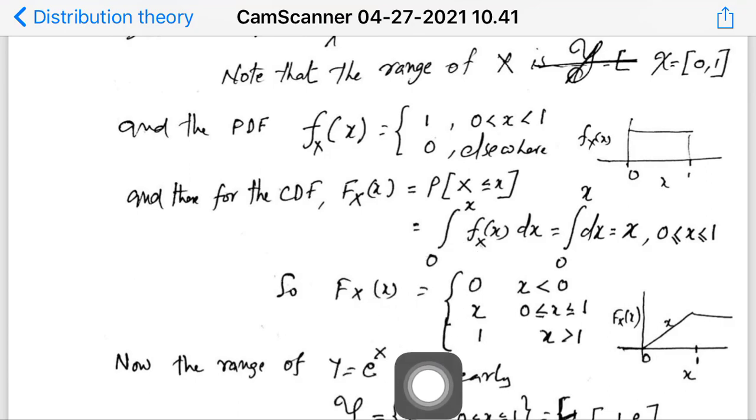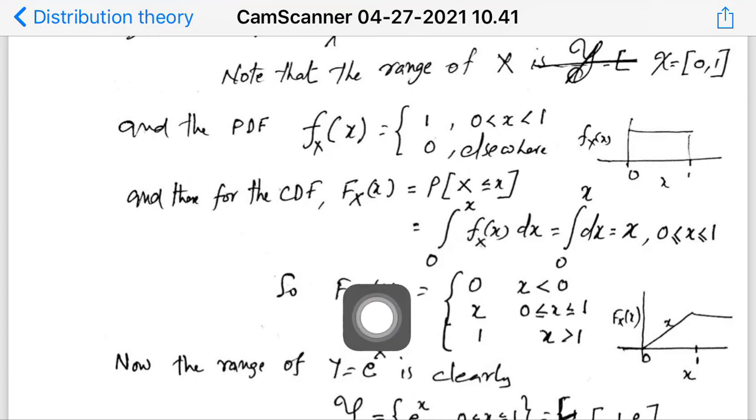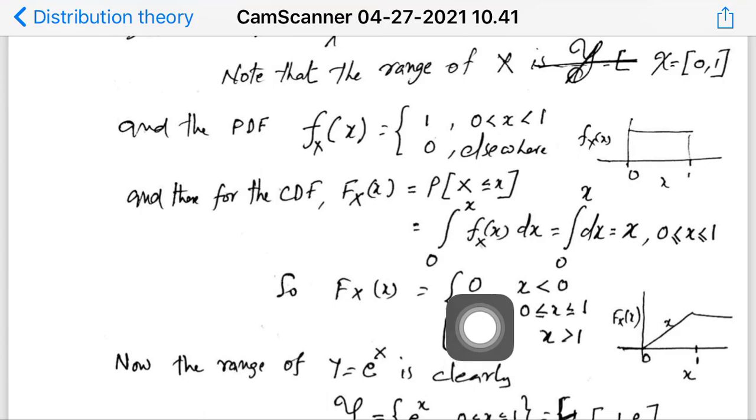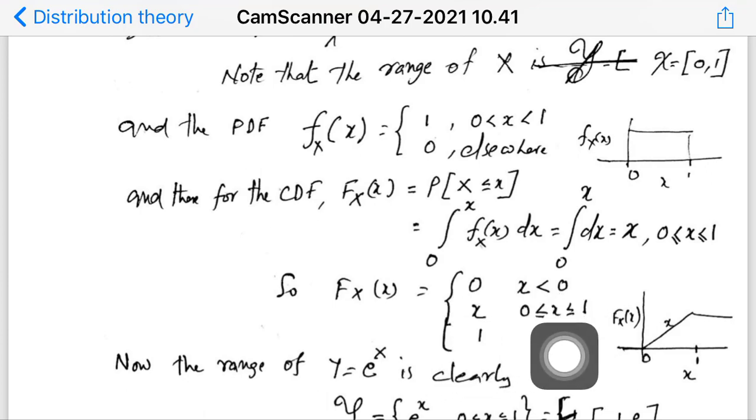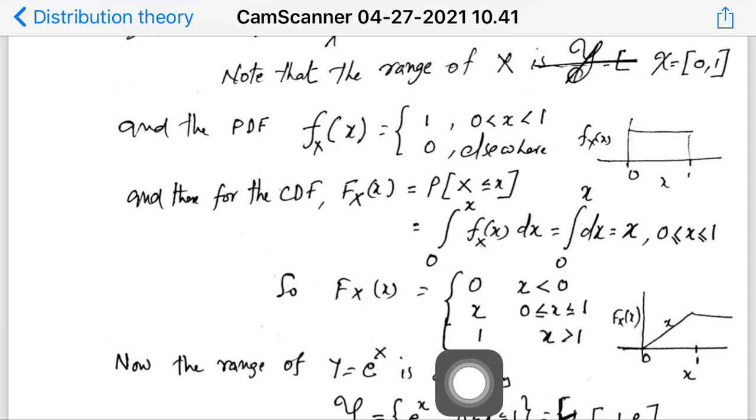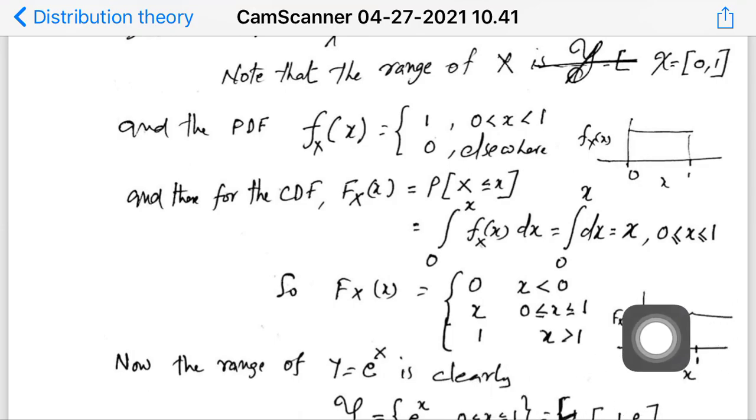These things are very obvious from the property of a distribution function. So the distribution function will therefore be written as F of x equal to 0 if x is less than 0, x when x lies between 0 and 1, and for all x greater than 1, F of x is equal to 1, and the graph of that F of x is also given for your reference.